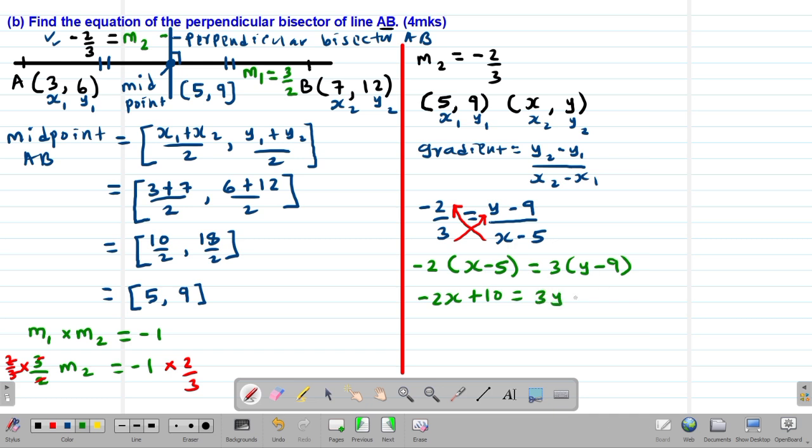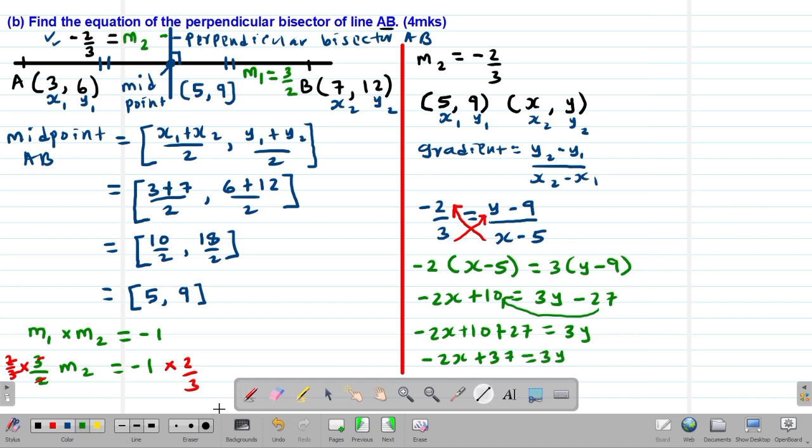Then 3 by -9, I'll get -27. So if I take 27 to the left-hand side, I'm going to have -2x plus 10. Then the 27 will be positive, being equal to 3y. So I'll end up with -2x, 10 plus 27, I'll get positive 37, being equal to 3y.